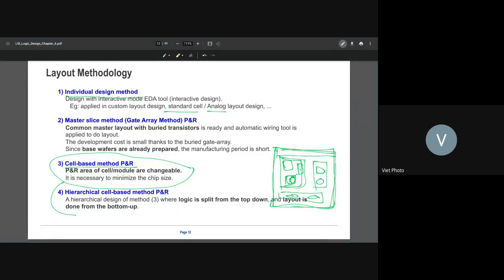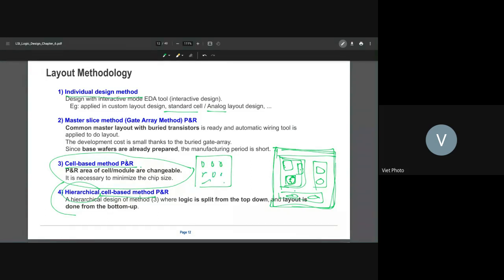It's also a cell-based method, but done hierarchically. So with this one, that means it has one block, and there is no hierarchy in the design. If you design a block, it's just like that, and you really have only cells in there. There's nothing else.